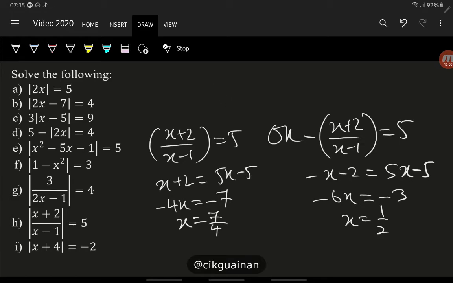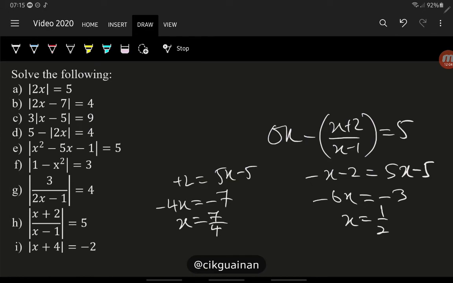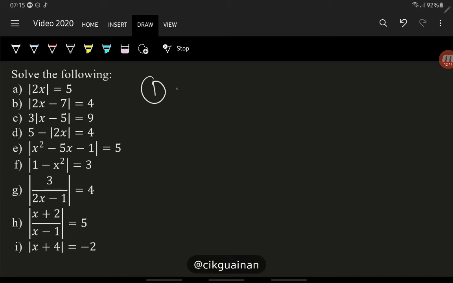Okay, now let's answer the last one. I is modulus of x plus 4 equals minus 2.